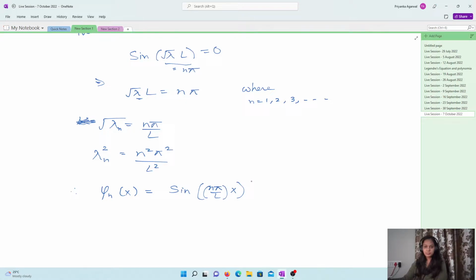Okay, so this is our eigenvalue and this is our eigenfunction.